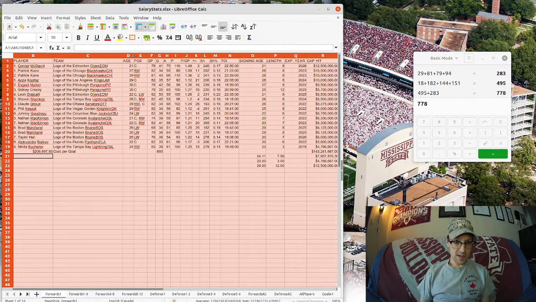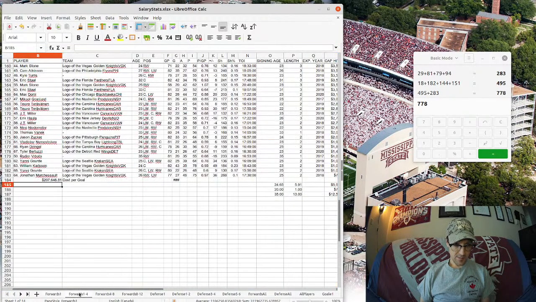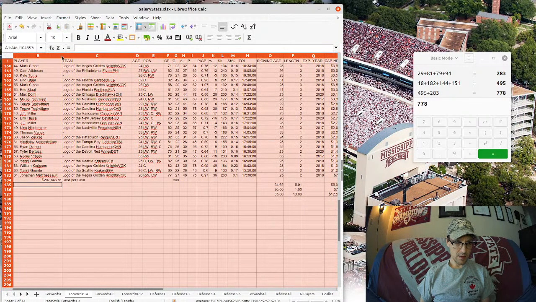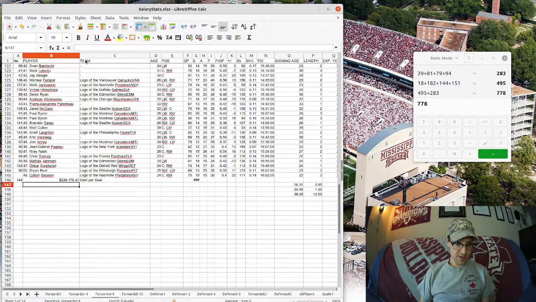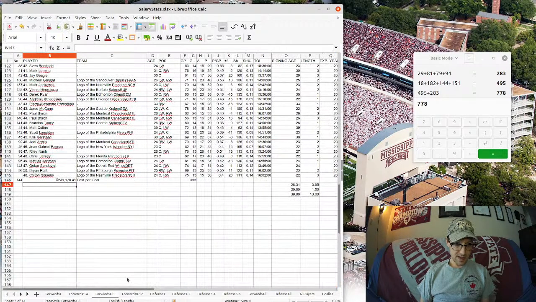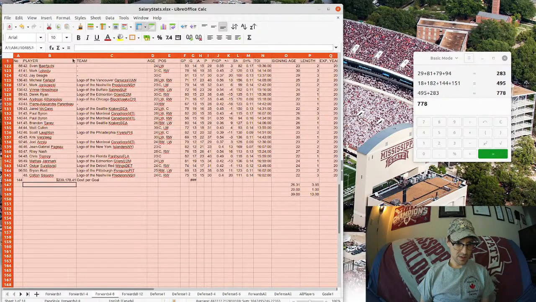Now just give me a sec. I want to make sure all the spacing's good, so then we can just see everything. Oops.